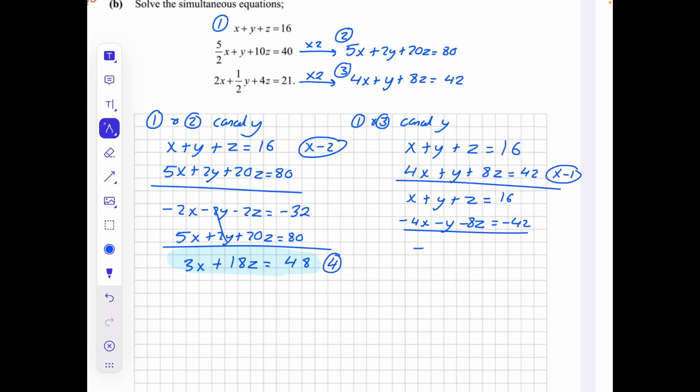So x minus 4x is -3x, y's will cancel, z minus 8z is -7z, is equal to 16 minus 42, which is -26. And that's my equation 5.